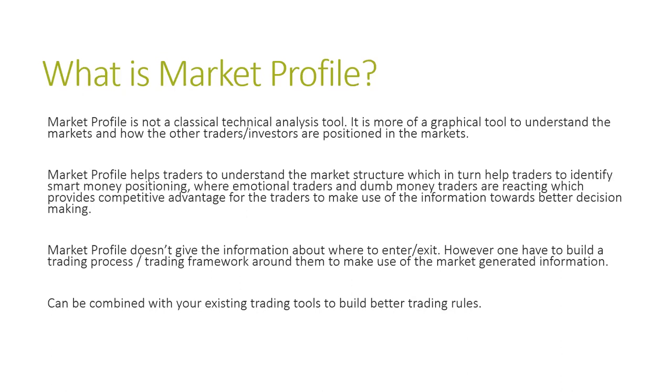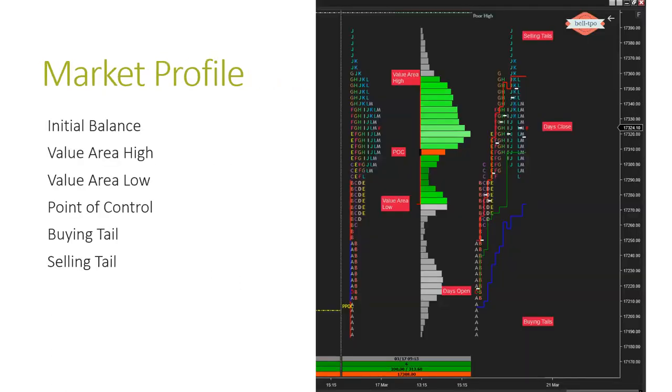Ideally, it is designed to tell traders how the market works on a daily basis. So if you want to know about market profile, you need to have a fair idea about auction market theory. Later on, I'll give you a fair idea of what auction market theory is all about.